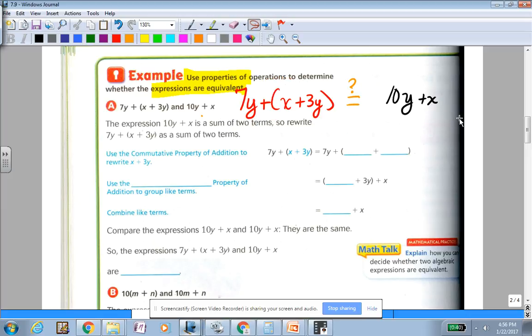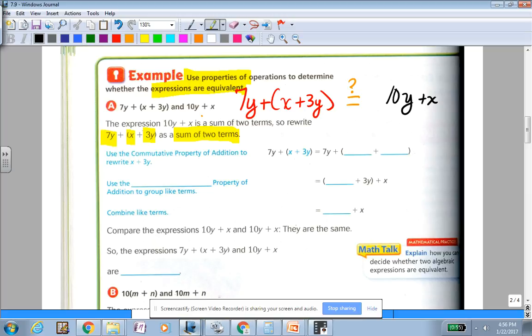The expression 10y plus x is the sum of two terms. So we're going to rewrite this, 7y plus the sum of x and 3y, which is the sum of just two terms. How can we take these three terms and get them down to just two terms?